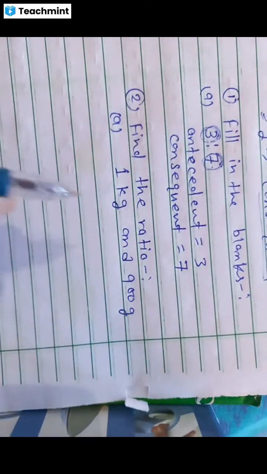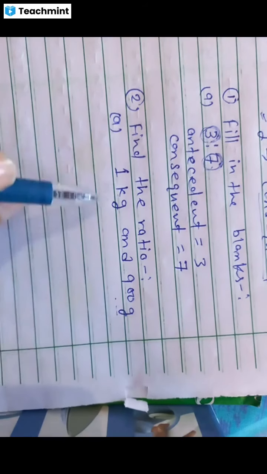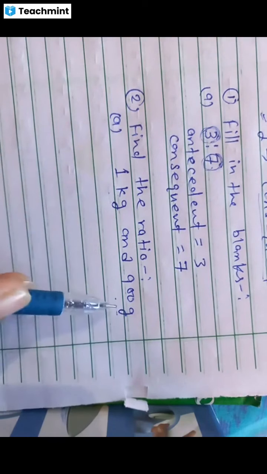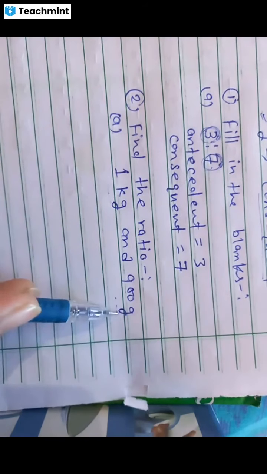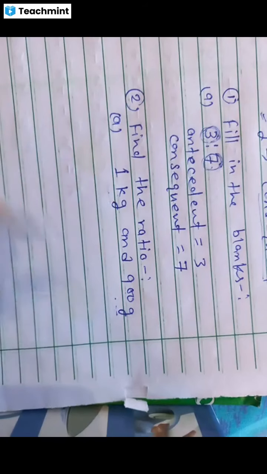Okay, you have to find the ratio. So before finding the ratio, you have to convert into the same unit. Here you can see one is in kg and the other is in g, meaning gram. So first you have to convert into the same units.